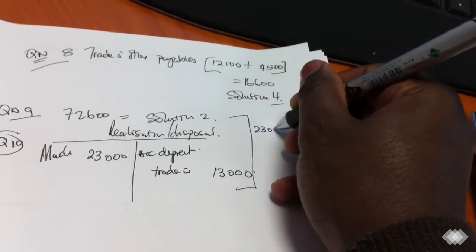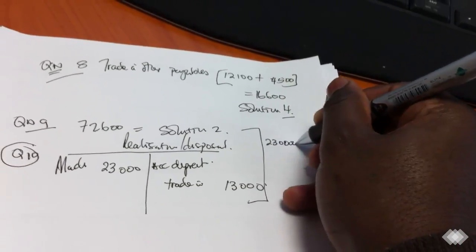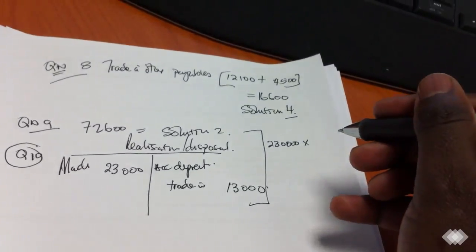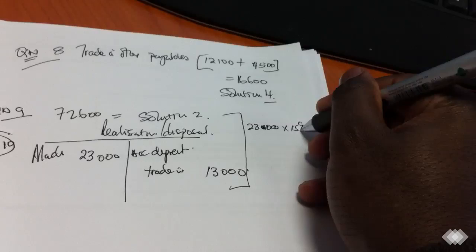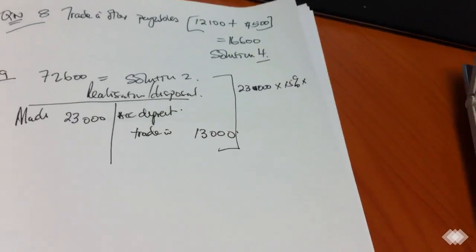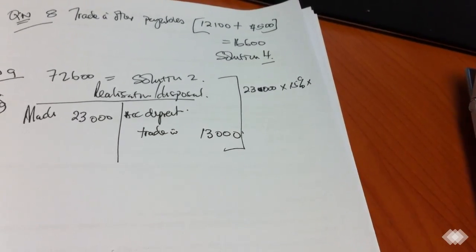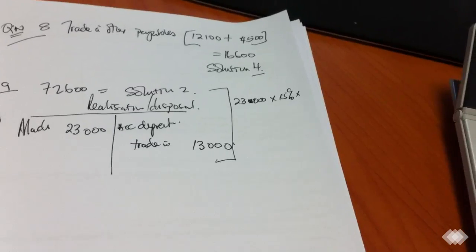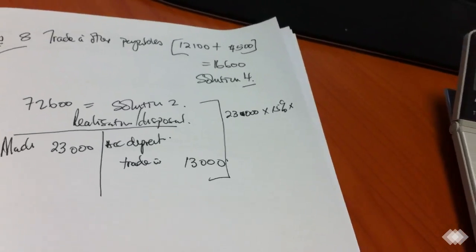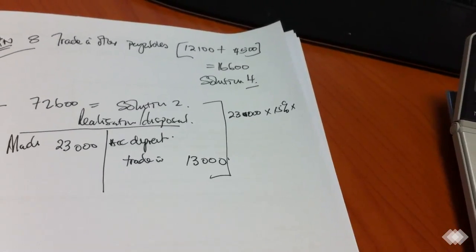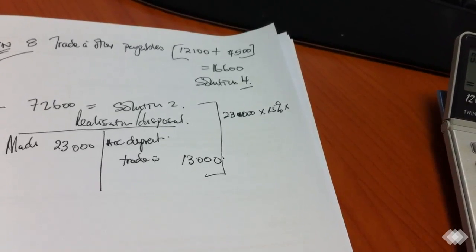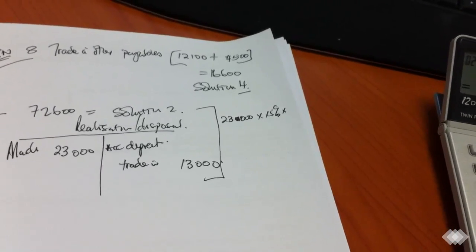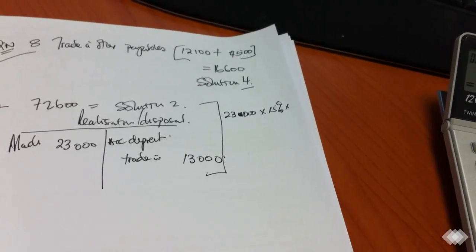It's 23,000 multiplied by 15%, which is our depreciation rate, multiplied by how many months? We can say May to May is 12 months.